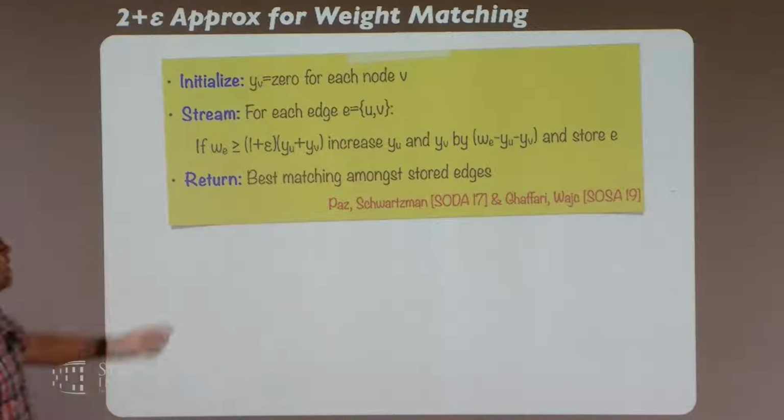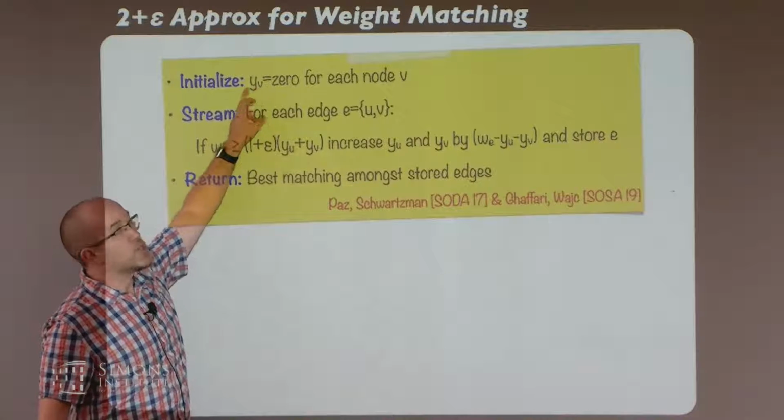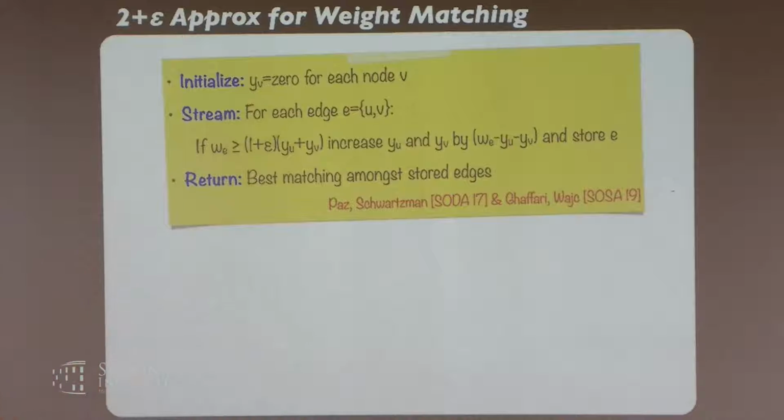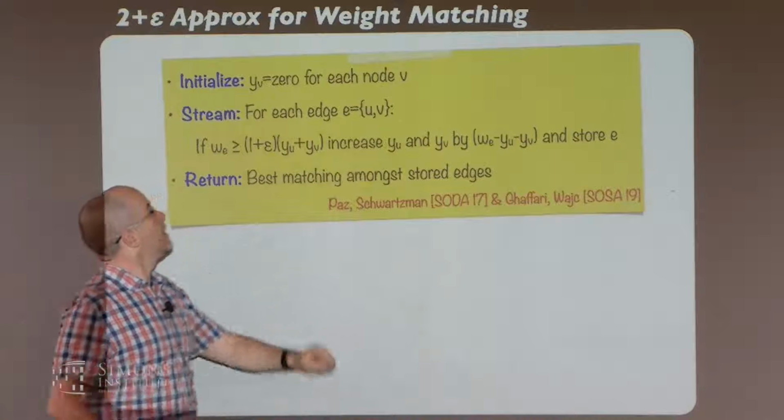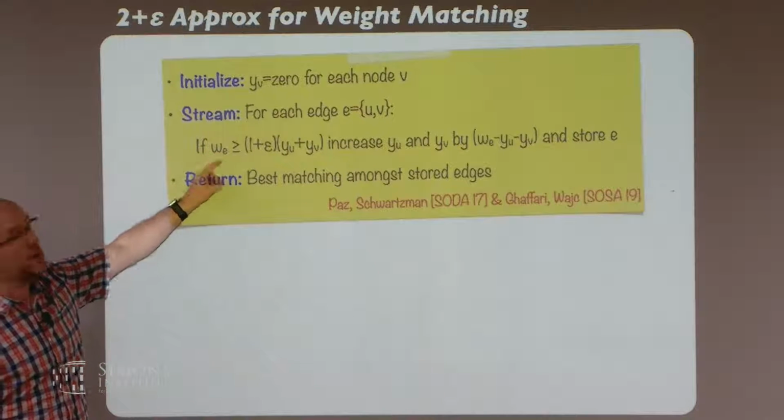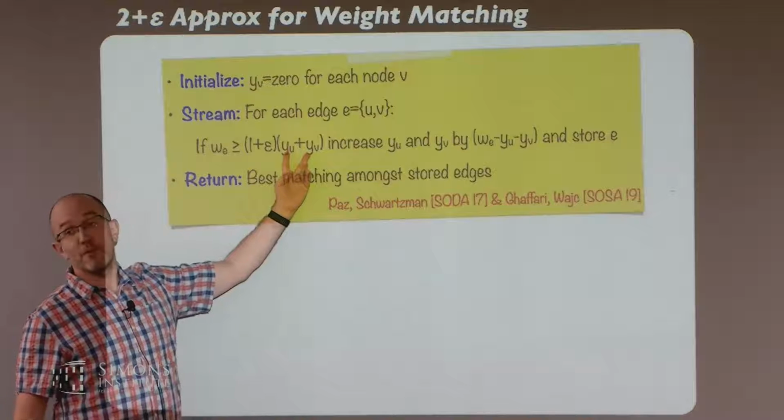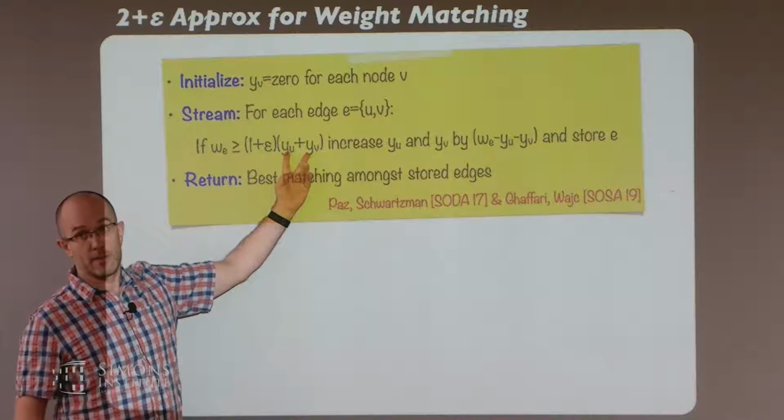So in particular, it's a semi-streaming algorithm, so it's allowed to maintain some information per node of the graph. So we're going to maintain a value yv for every node v. Initially, those values are 0. Okay. And as those edges come in, we compare the weight of the edge to the sum of the values on the endpoints.